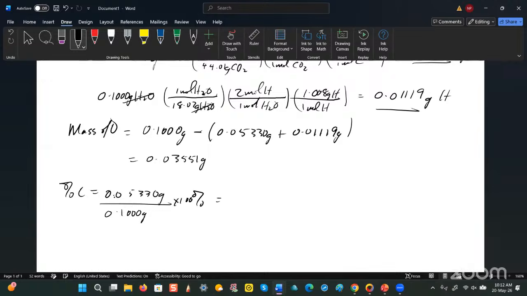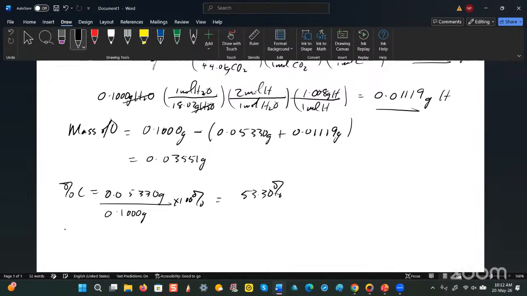So 0.05330 divided by 0.1. Okay, so that would be 53.30%.